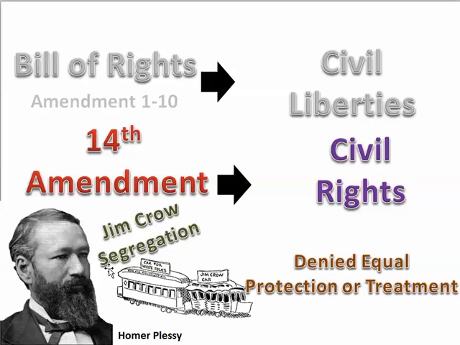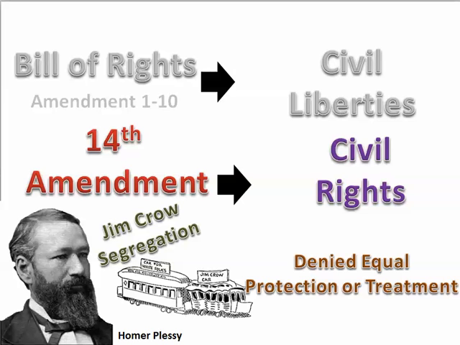But Jim Crow segregation laws that segregated the races are considered since the civil rights movement a denial of equal protection of the law or equal treatment under the law, a violation of the 14th Amendment Equality Clause, and therefore are considered civil rights. So those are two examples.